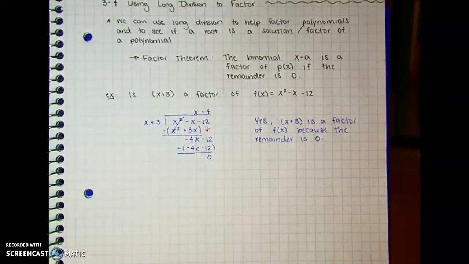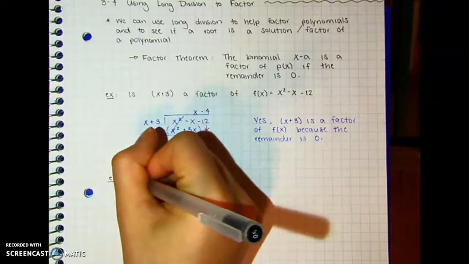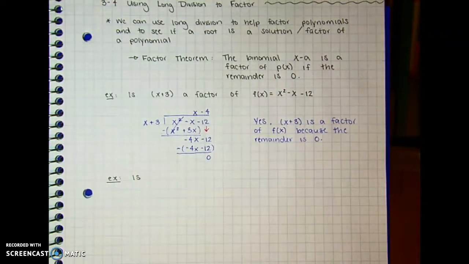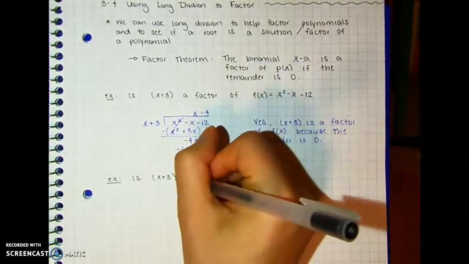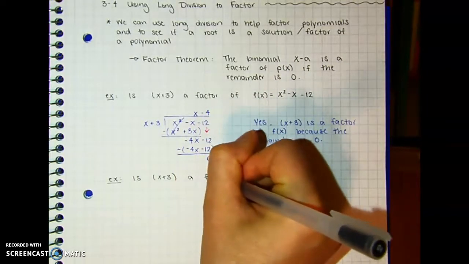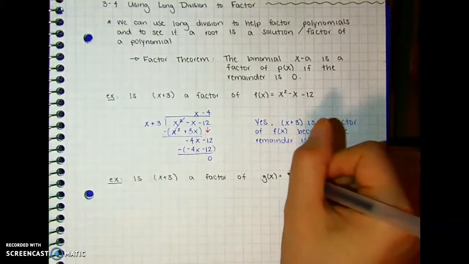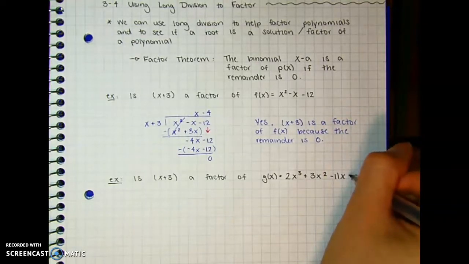And there you go. So we could also do a factor problem and say, is x plus 3, I'll do a different polynomial though, a factor of, call this one g of x, 2x cubed plus 3x squared minus 11x minus 6.